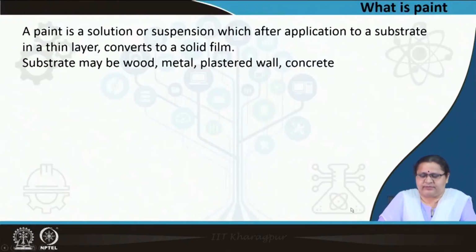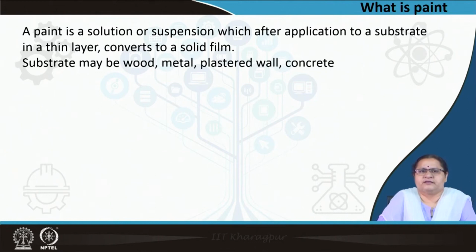So, if we come to the basic question, what is paint? It is a solution or a suspension which, after application to a substrate, that is the material onto which it is applied, in a thin layer converts to a solid film.